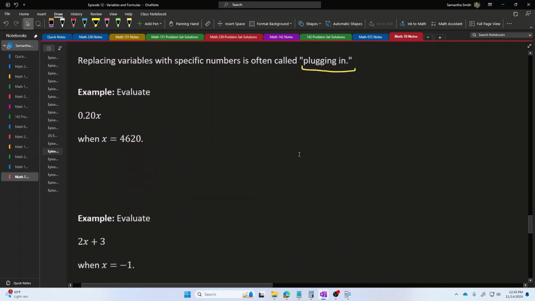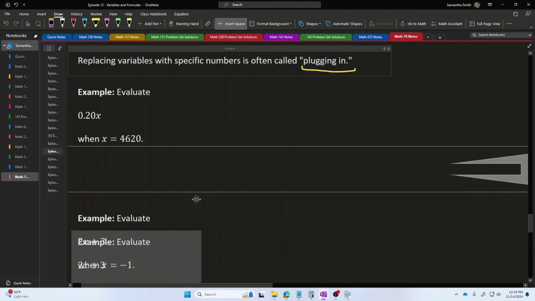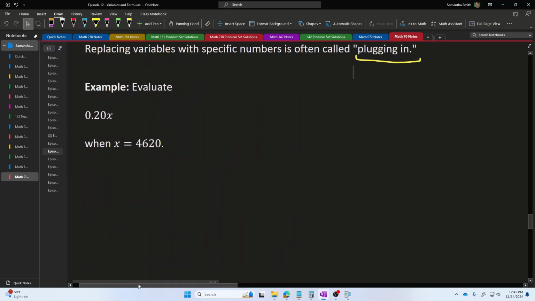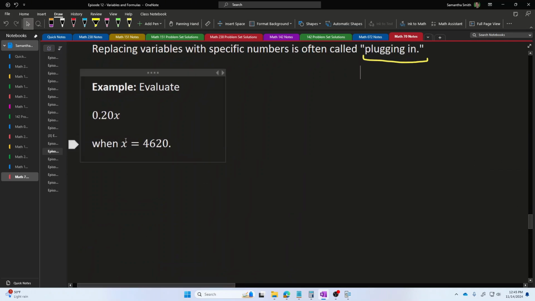So someone says evaluate the expression 0.2 times x, because now I know the value that x should be equal to. x should be equal to 4,620. So I'm going to perform this calculation, 0.2 times x, except now I'm going to replace the x with this specific value that it is equal to.